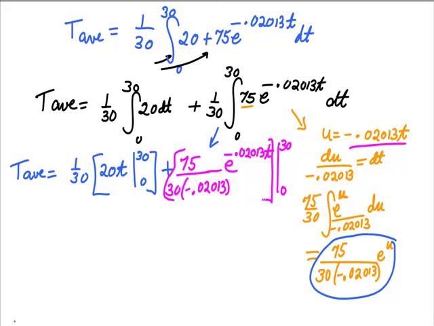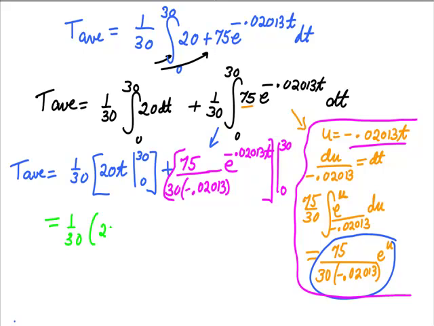Okay, so what we have, everyone, is 1/30th of 20 times 30 minus 0, plus I did all of this and I got negative 124.1927, etc., times e to the negative 0.02013 times 30 minus 1.